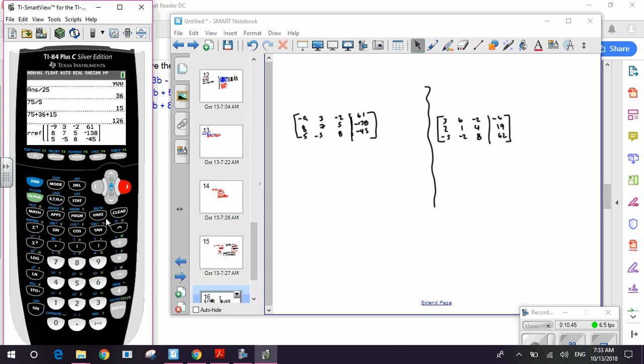Double check to make sure we've entered everything properly, all the correct signs, and now hit enter.